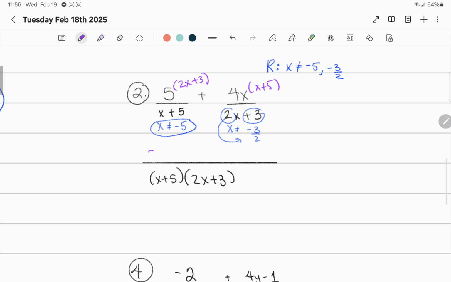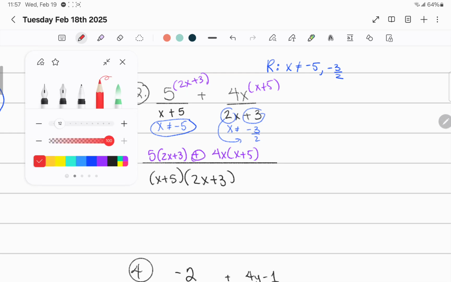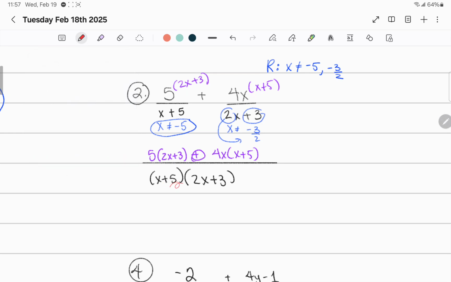So at the top we have 5, 2x plus 3 plus 4x, x plus 5. So I'm just rewriting everything as a multiplication problem. So for the bottom, let's rewrite this. So we have x times 2x.